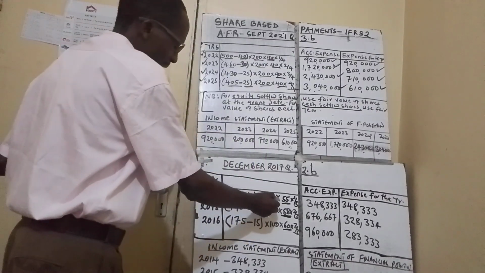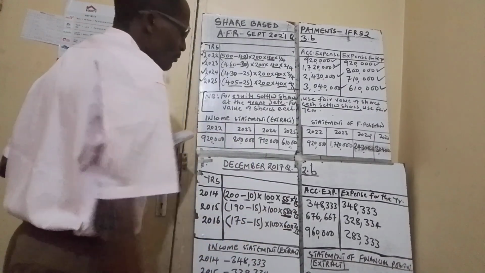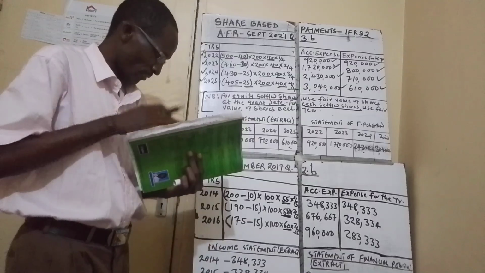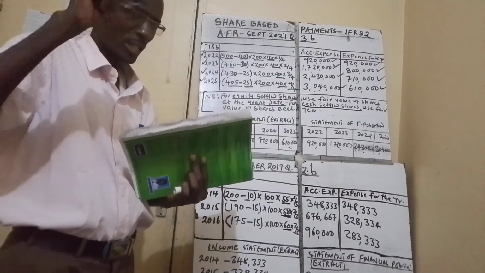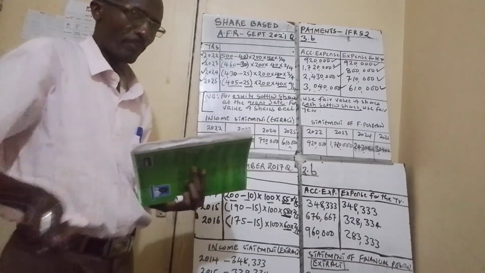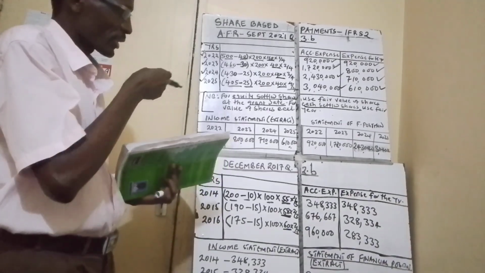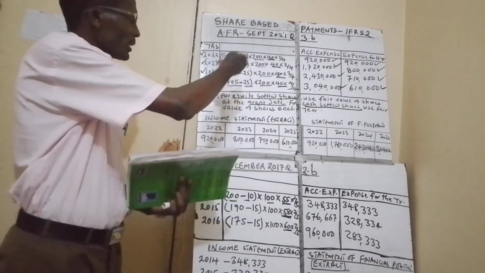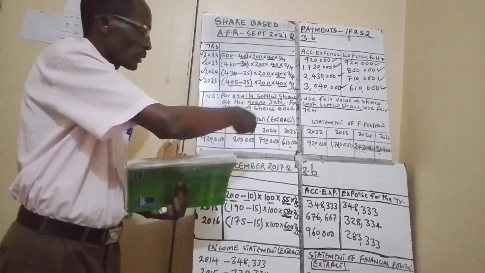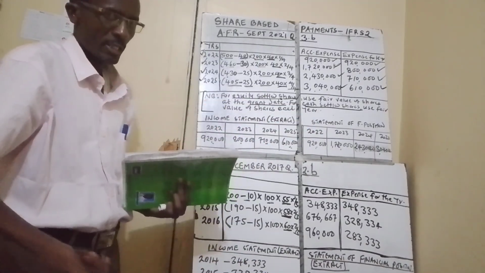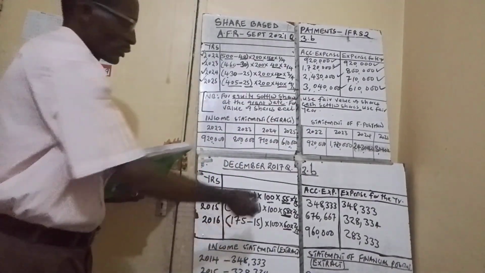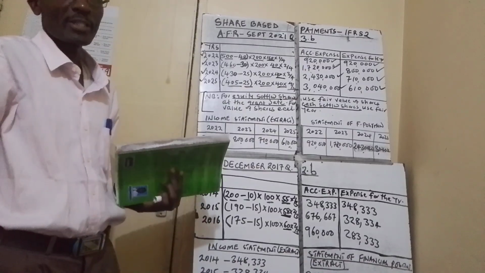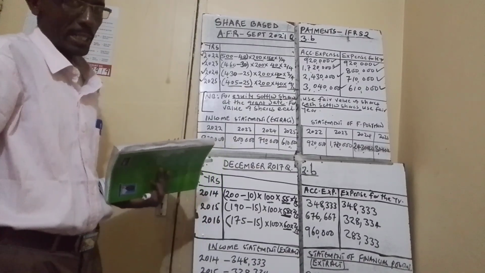So you multiply by 100, then multiply by 55, because 55 is the market price of a share in that particular year. That's the major difference between this question and the other. The first one uses equity settled shares, the second one uses cash settled shares. For cash settled, you multiply by the price prevailing in each particular year.